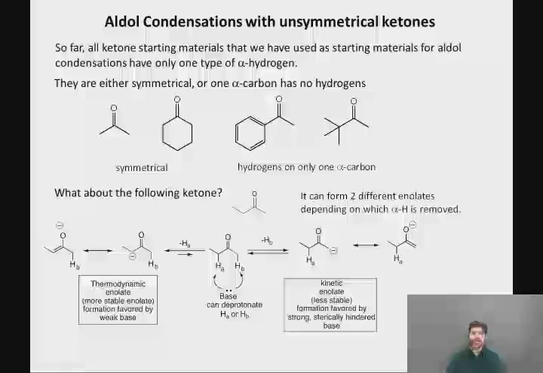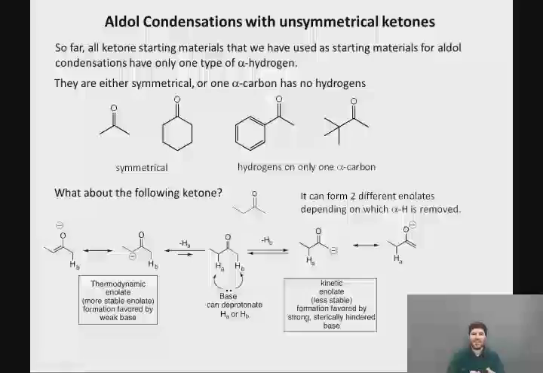Okay, so indicated on this reaction scheme, we have HA and HB. If you remove HA, you end up with the negative charge on the left-hand carbon. If you remove HB, you end up with the negative charge on the right-hand or terminal carbon.